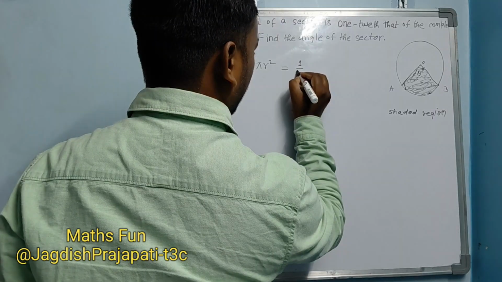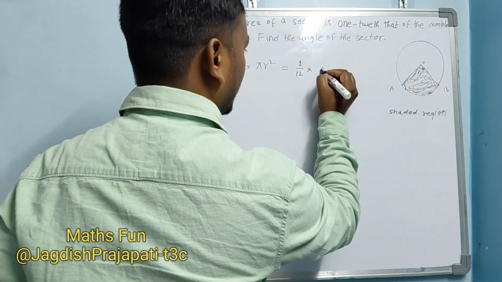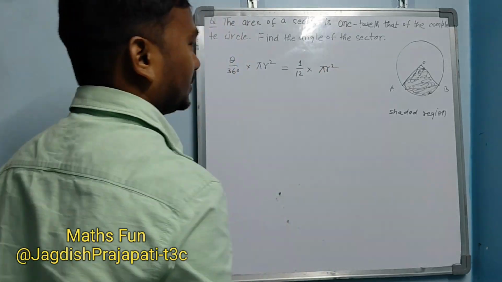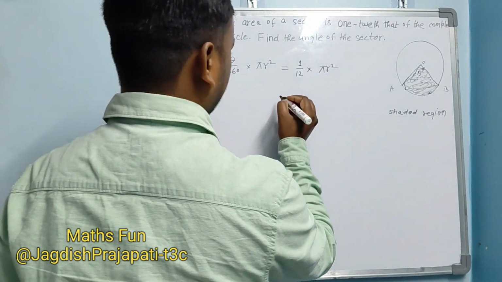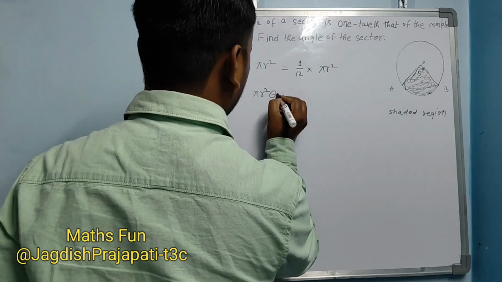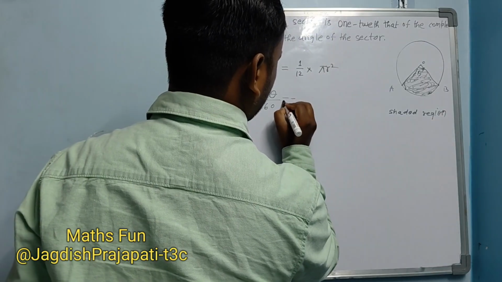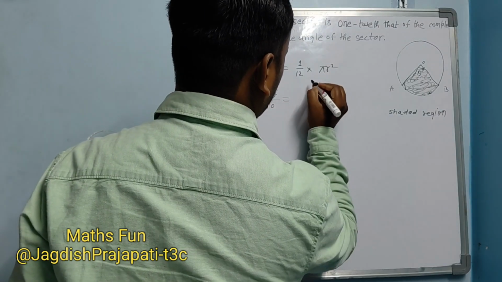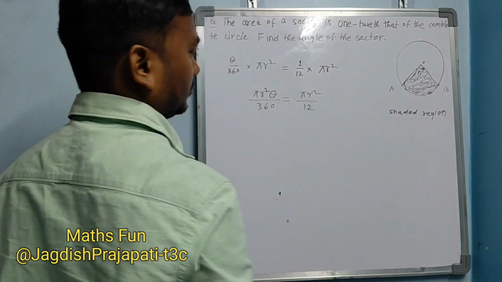So this is 1/12 of the complete circle. The complete circle is pi r square. So this is pi r square theta by 360, and this is pi r square by 12.